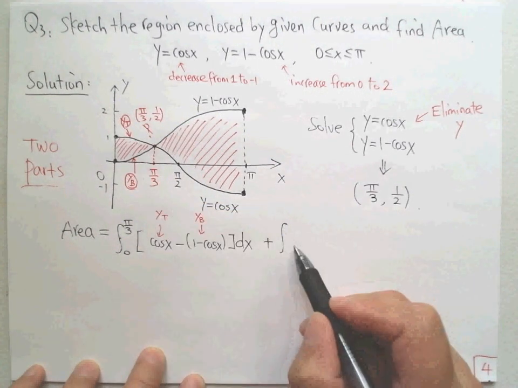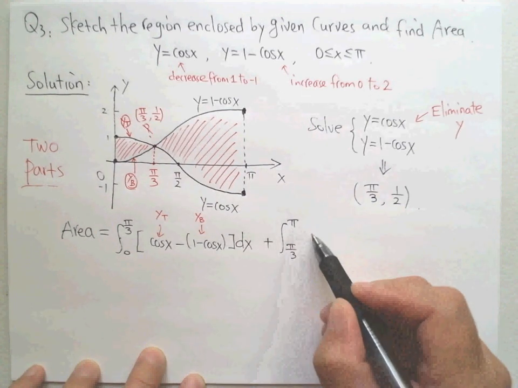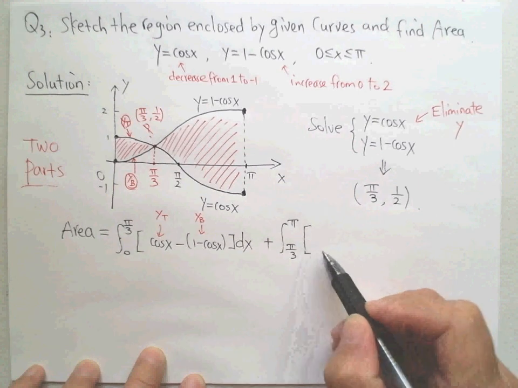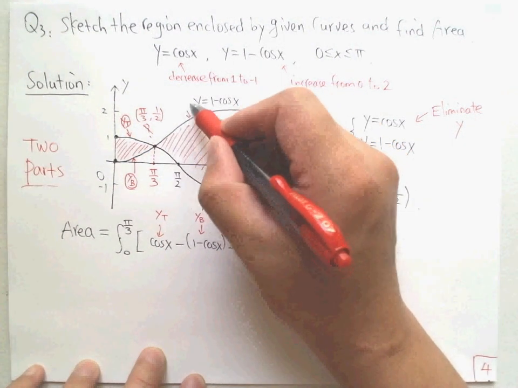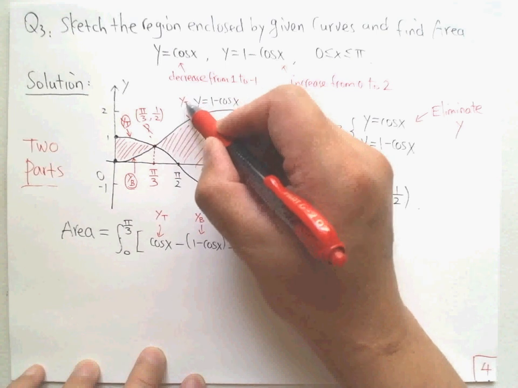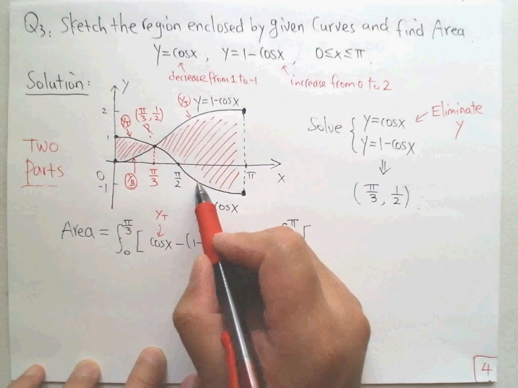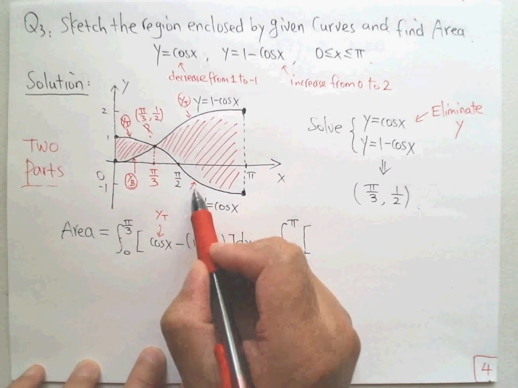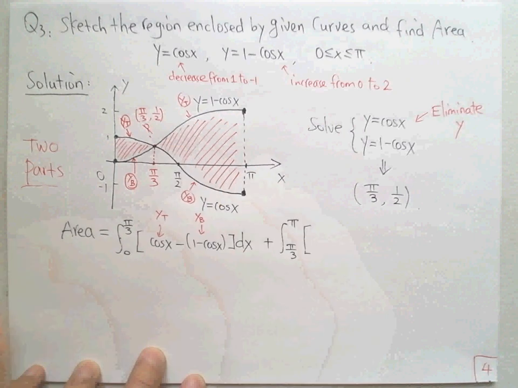And we're going to set up the second area. The second area is the integration from pi over 3 to pi. And the same, what do we need to do? Find the top. The top is there, so this time it is yt, and this yt is different from the previous yt. What is the bottom? The bottom this time is there.